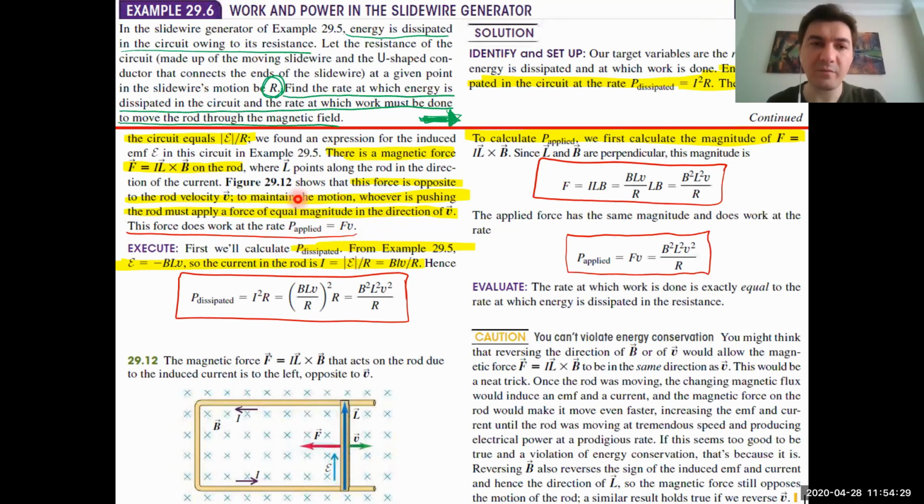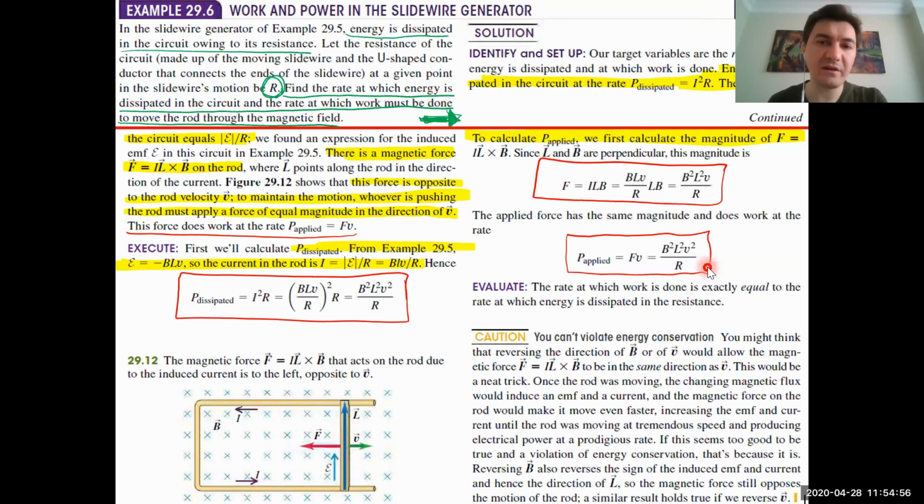Then the power applied can be found as F times V. So what is F? F is given by I times L times B. I is given by that expression. Put I here, then F is given. Put this F here, and here we have V, then another V, so we will have V square.